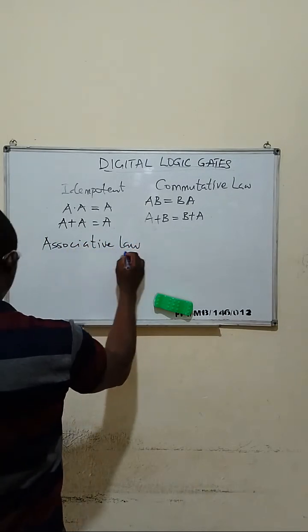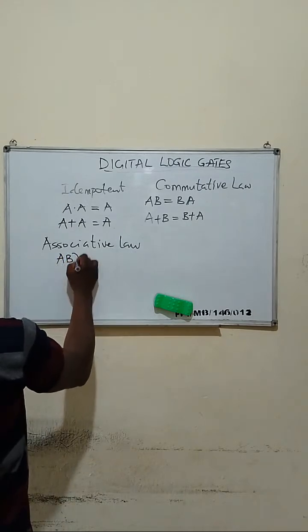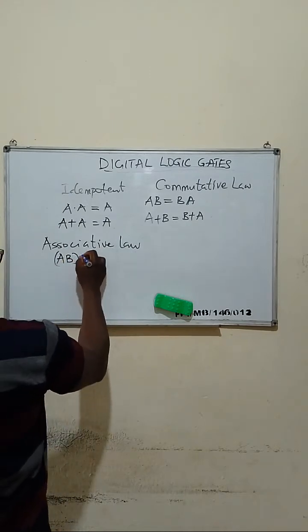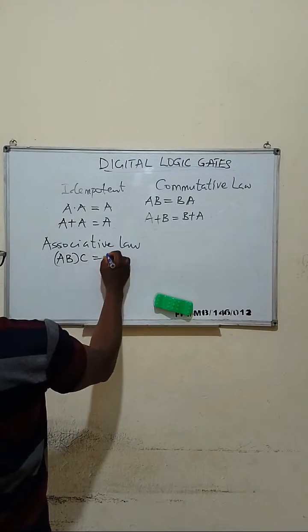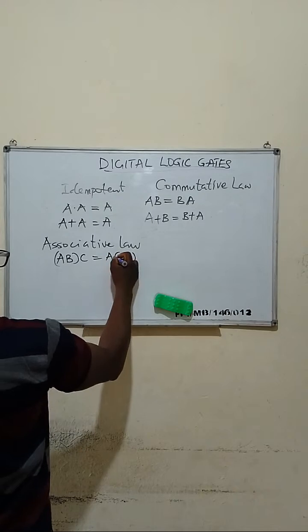Associative law. Alright? Associative law says that AB into bracket C is the same thing as A into bracket BC. So you can reassociate the terms in this manner.